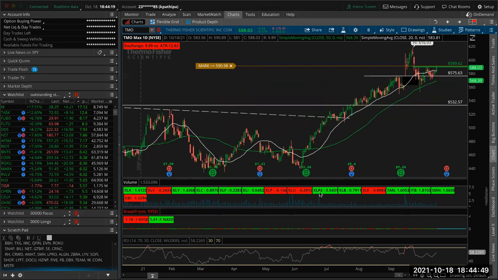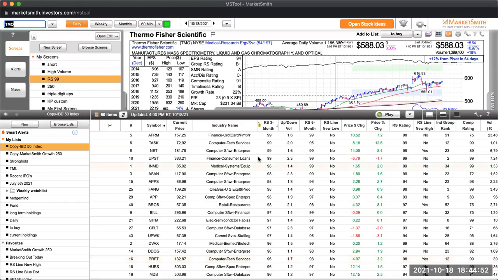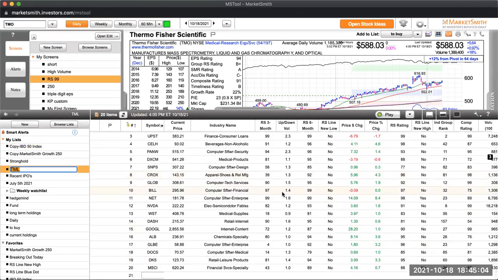One is the 6 month RSI, and there is this 3 month. It's 77, not so great. 6 months is 89. Okay.